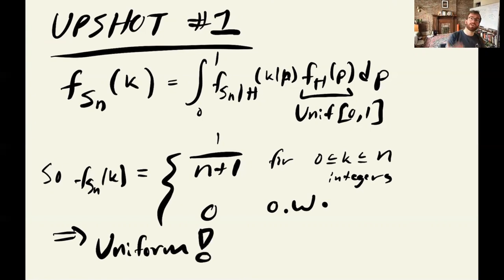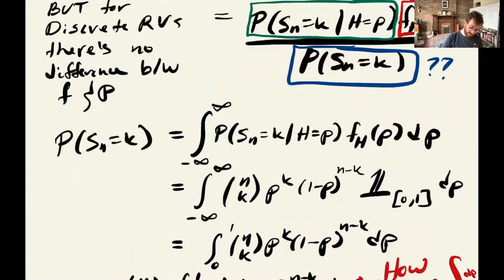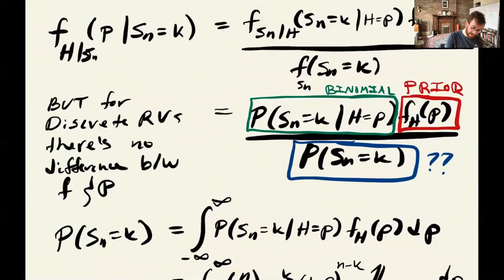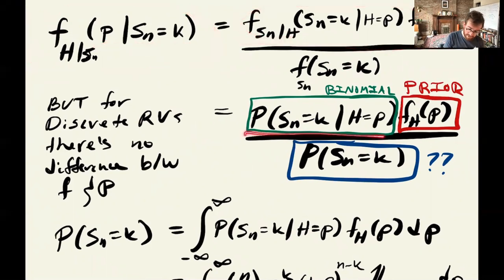But remember, we're doing all of this in the service of Bayes' rule. So let's step back 2 slides and look at what we were looking at. We're trying to figure out the probability density for the probability of heads being p, conditioned on information. Well, it was this top expression, which was a binomial times our prior, divided by this total probability of getting k heads, which we just figured out was 1 over n plus 1.